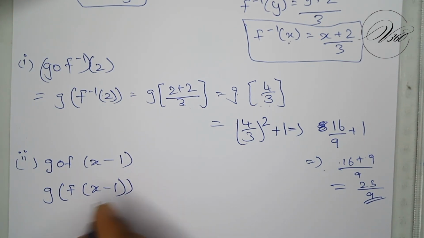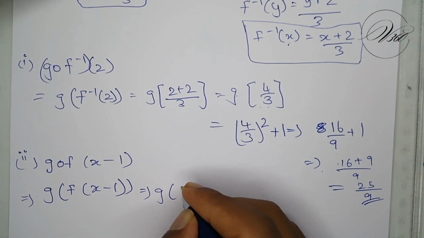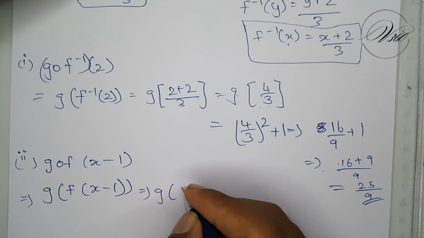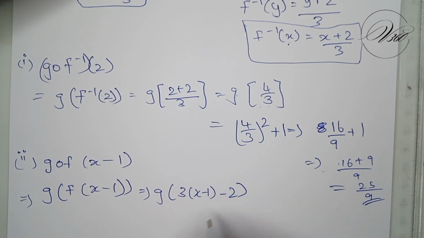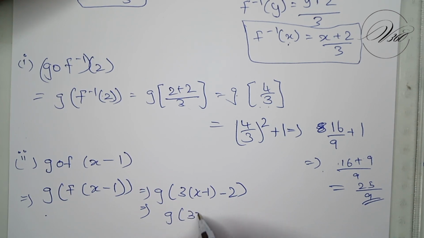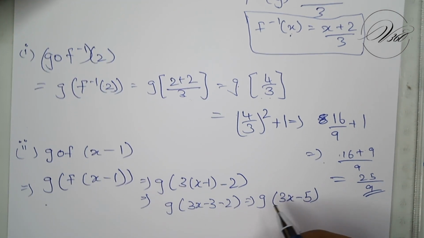Now g of x minus 1 means we will get 3 into x minus 1 minus 2, that is 3x minus 3 minus 2, that is g of 3x minus 5.